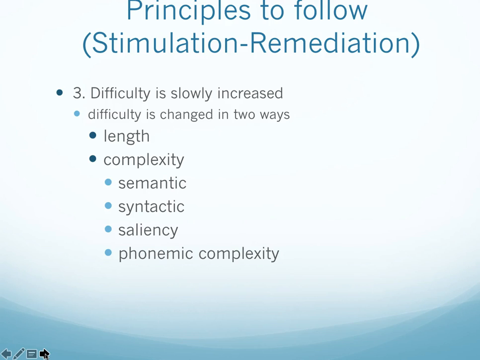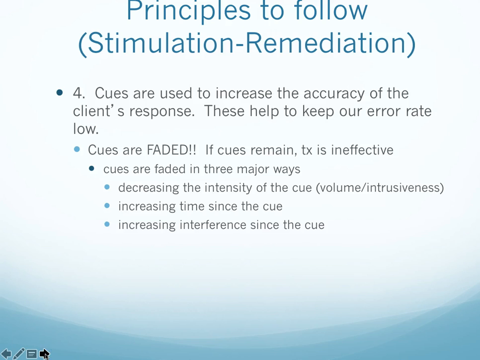So selecting what your stimuli is going to be on a level that the patient can handle. If you're trying to move them up, you might select television. If they're not doing as well, you might select TV, because it's less phonemically complex to code. Lastly, cues are used to increase the accuracy of the patient. The cues are used as a consequential strategy, and they are faded.